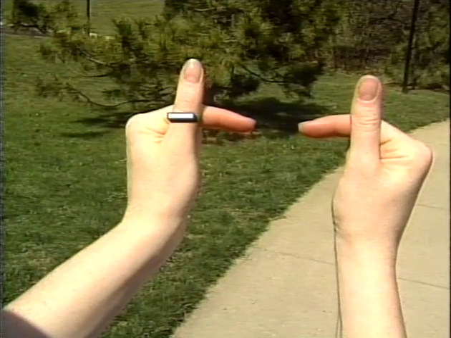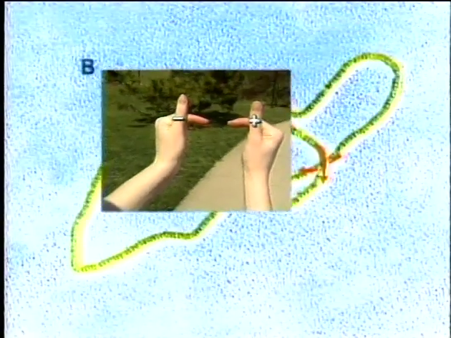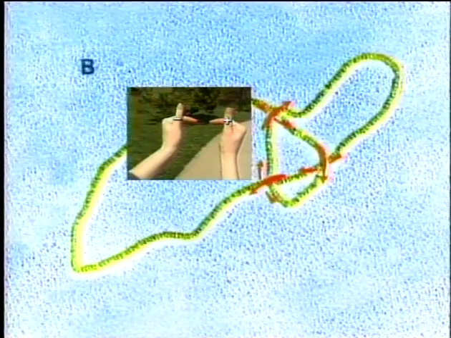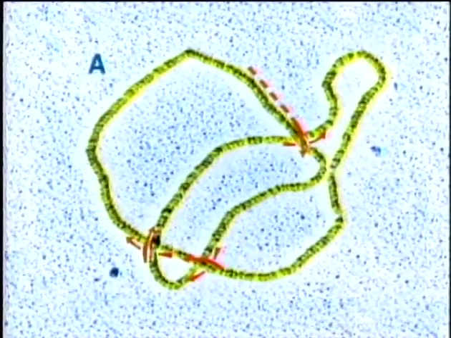The left hand is a negative sign. The right hand is a positive sign. By observing the direction of the crossings in relation to the crossing of our thumb, we can now say that while these DNA knots appear similar, one is a negative trefoil, the other is a positive trefoil.